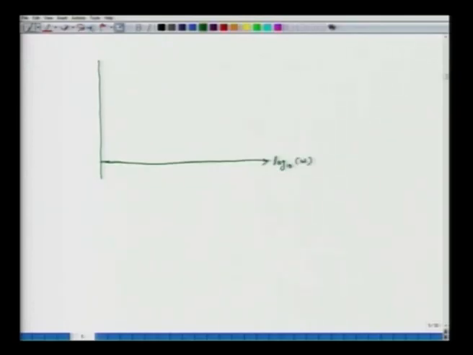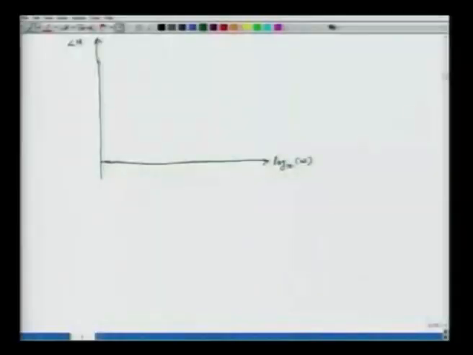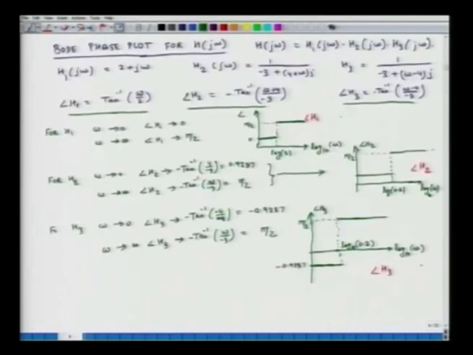On the horizontal axis I am plotting log of omega, on the vertical axis I am plotting phase of the original transfer function, and I know that for the range 0 to 0.2, the contribution of H2 and H3 cancel each other, and the contribution from H1 is identically 0.